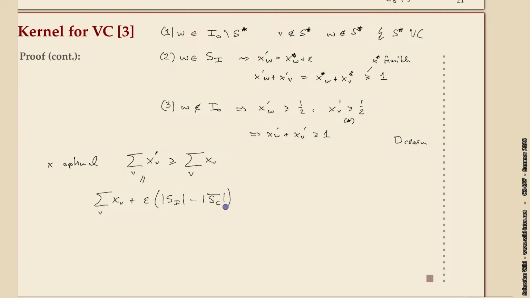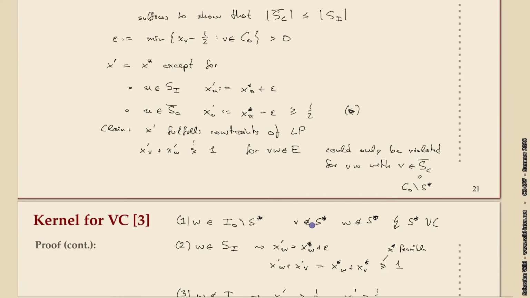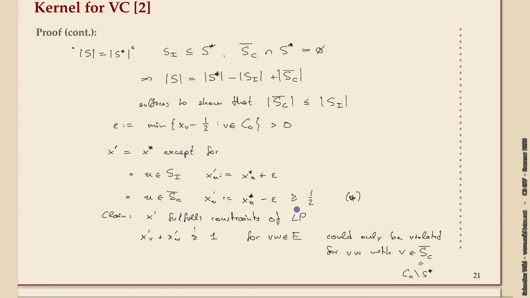And epsilon was greater than 0, right? So if you take this chain of inequalities together, it means that this difference must be at least 0. And so that means we've proven what we claimed here.